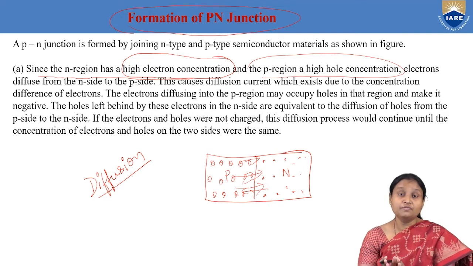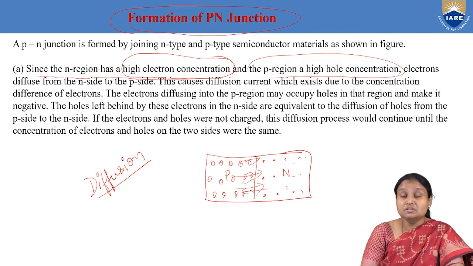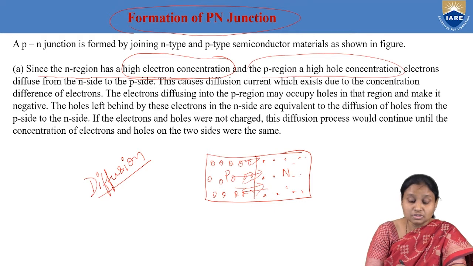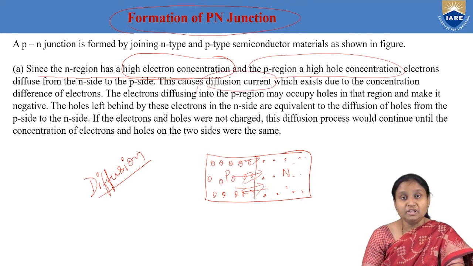So there is flow of charge carriers from the higher concentration region to the lower concentration region. And as you can see, because of the flow of these charge carriers, diffusion current will exist. There will be formation of diffusion current because of the flow of electrons as well as the flow of holes.